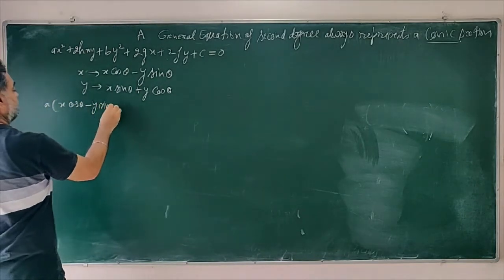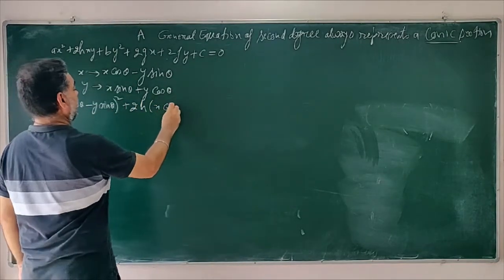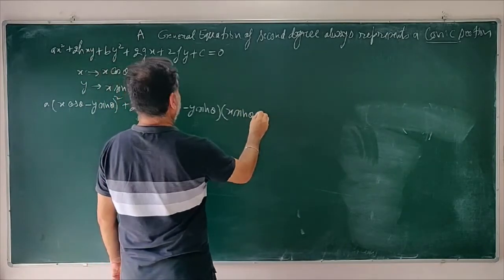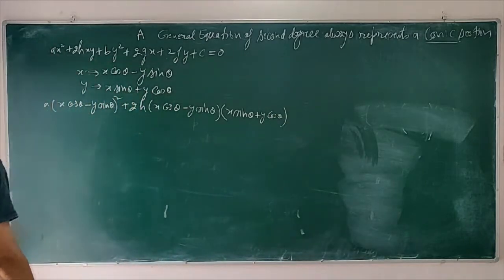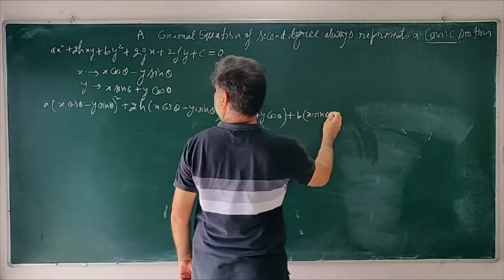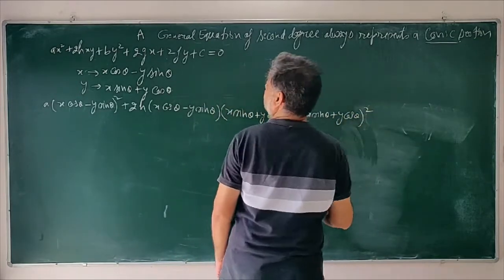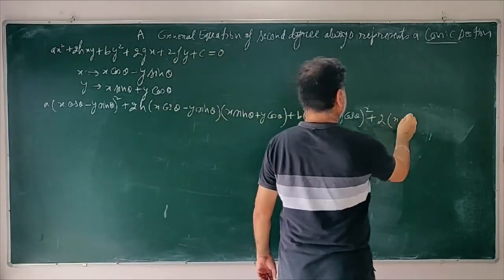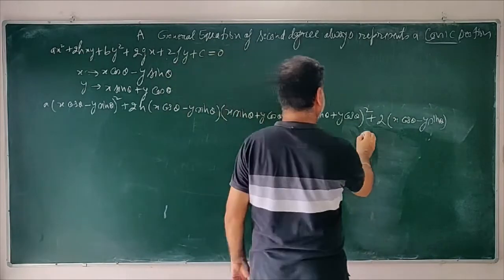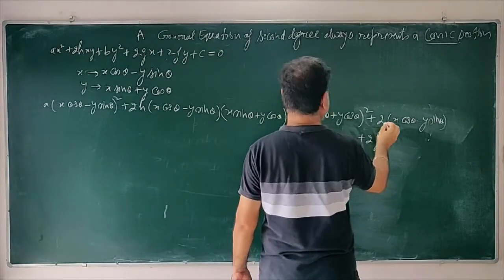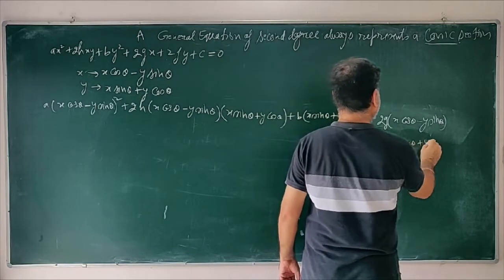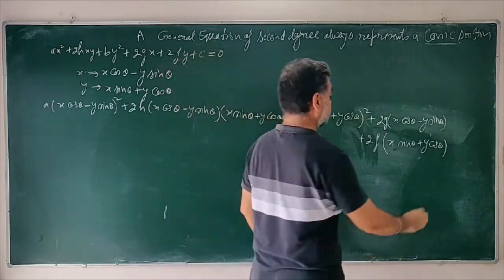a times (x cos theta minus y sin theta) squared plus 2h times (x cos theta minus y sin theta) times (x sin theta plus y cos theta) plus b times (x sin theta plus y cos theta) squared plus 2g times (x cos theta minus y sin theta) plus 2f times (x sin theta plus y cos theta) plus c equal to 0.